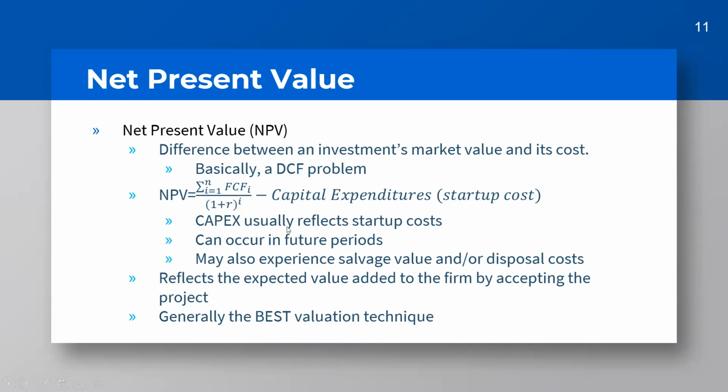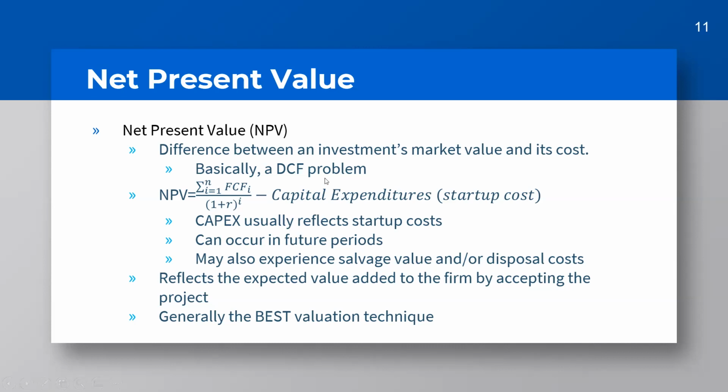So what we're dealing with is the cash flows that a project is generating net of the startup costs. There's going to be one key difference between net present value and discounted cash flow, and that's going to be the startup costs that are applicable to ramping up a project off the ground before it starts to generate cash flows. Typically, that's going to be reflected through capital expenditures. Sometimes it can also be included with working capital, getting that started up in that first year.